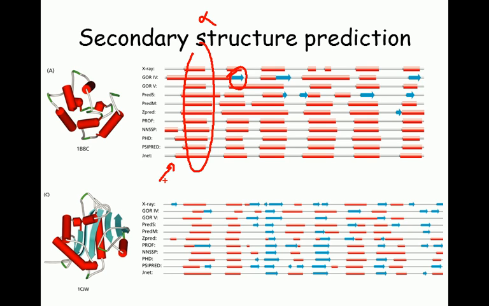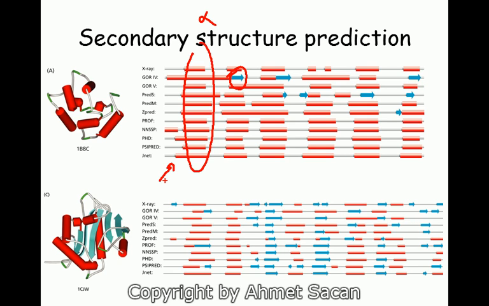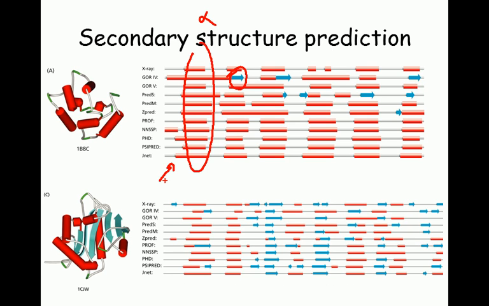But when you have beta strands coming together, it's information that you did not really capture in your encoding. So one strand could be at the beginning of the protein, and the other strand could be at the end of the protein. Since you did not encode those two parts in the same sample, you won't be able to predict it as well as the secondary structures that are more local.